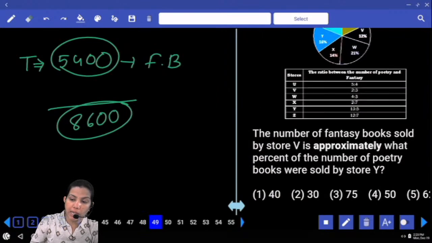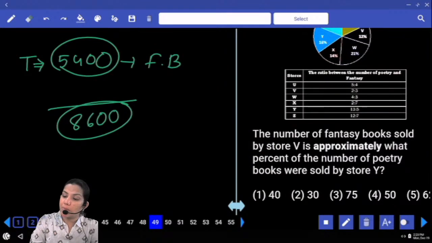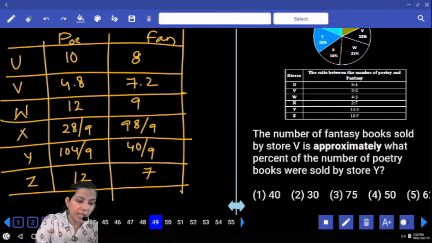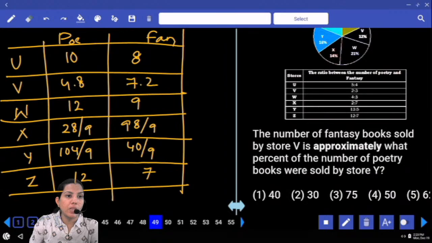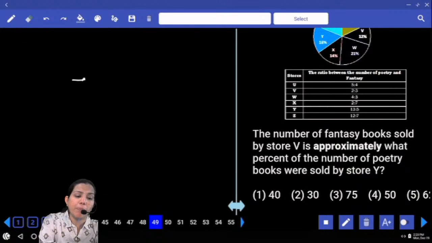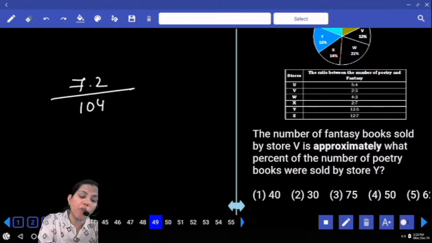Next, question number 49. The number of fantasy books sold by store V. What is fantasy store V value? 7.2 is what percentage of the number of poetry books sold by store Y? What is poetry Y? 104 by 9. 7.2 is what percentage of 104 by 9.